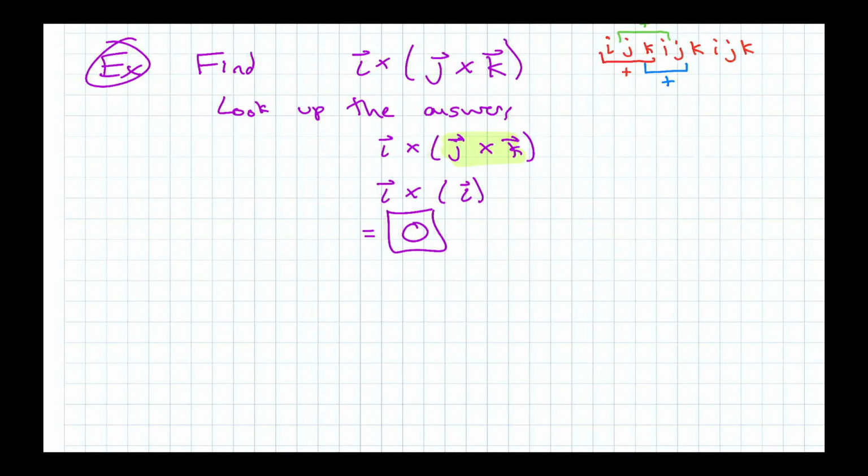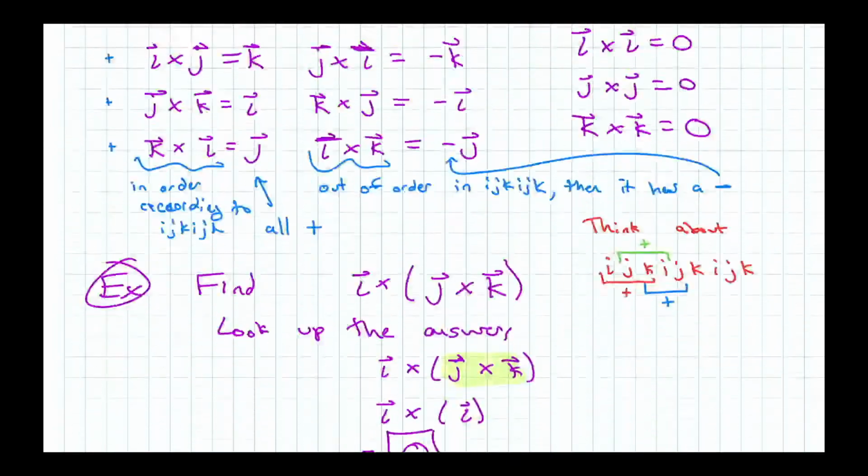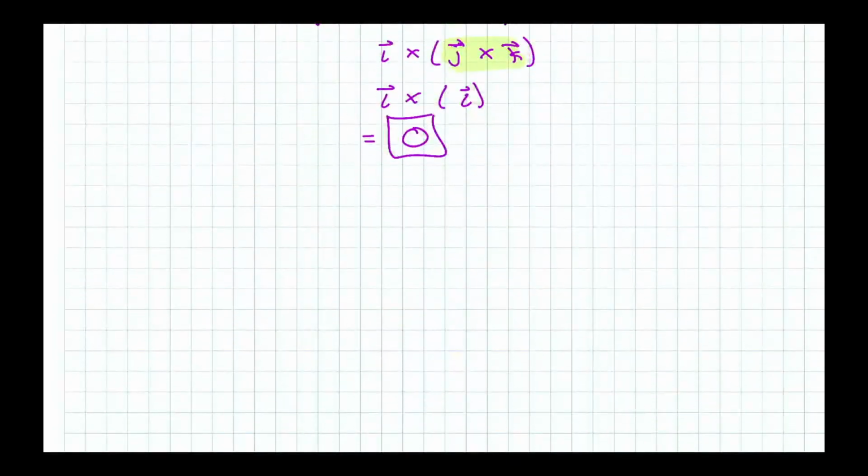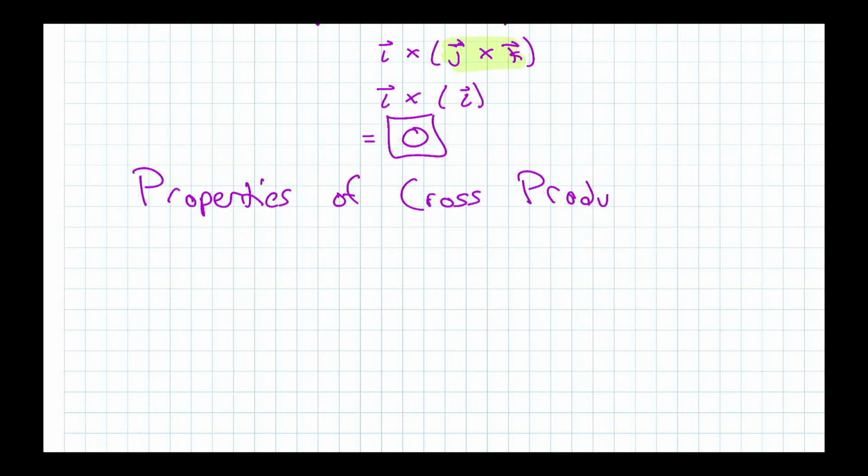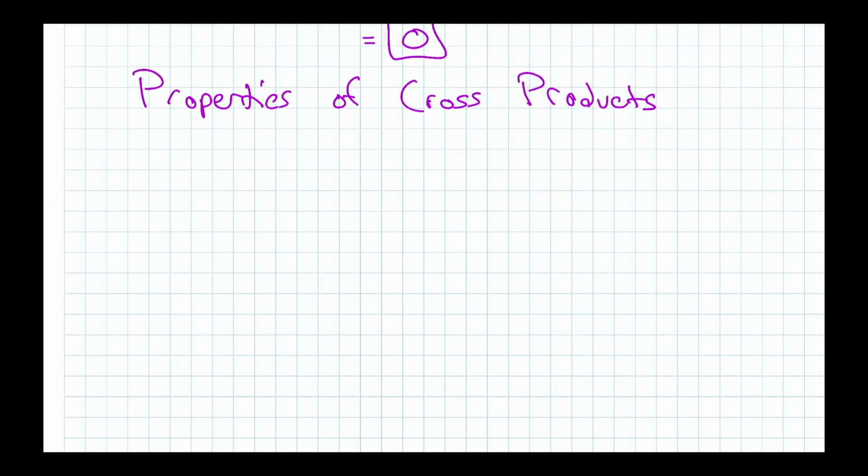Okay, those weren't really the properties of cross products. Those were the properties of cross products of just standard unit vectors. These are the more important properties. So, the properties of cross products.